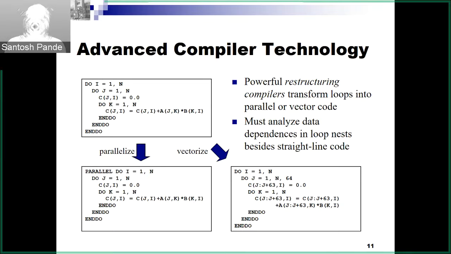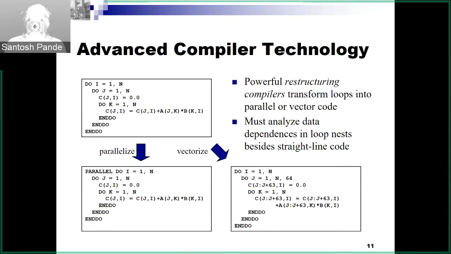We can vectorize it. We need to make sure that the chunks of the C loop which we execute in the j loop nest and in the k loop nest, in terms of consecutive accesses, can be nicely chunked up and vectorized. The simplest way is to take a look at C of j, i here.